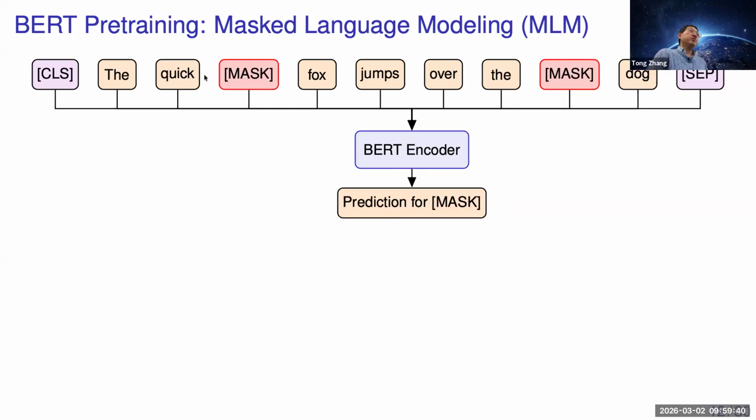These can be used to extract representation, because this is bidirectional. If you remember, all tokens attend to everything, so you can use this one or that one; they all see the whole sentence, not just what's before. If you have a GPT, you probably have to put the representation at the end, because the end token will see everything before.